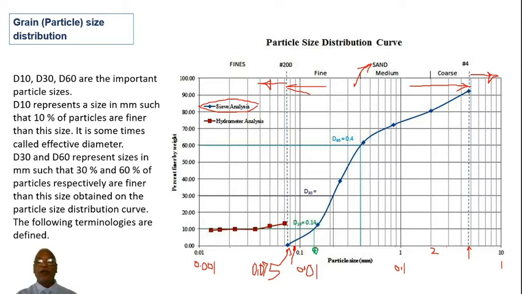Now what is the meaning of this? We'll see it afterwards. How to find D10? I told you, 10%. You have to go horizontally wherever it cuts the plotted curve. There you have to find the size. That will give you the D10 value or D10 size. Now similarly, if you want to find D30 size, look at this 30% line. I have drawn a horizontal line. It cuts the particle size distribution curve at this point.